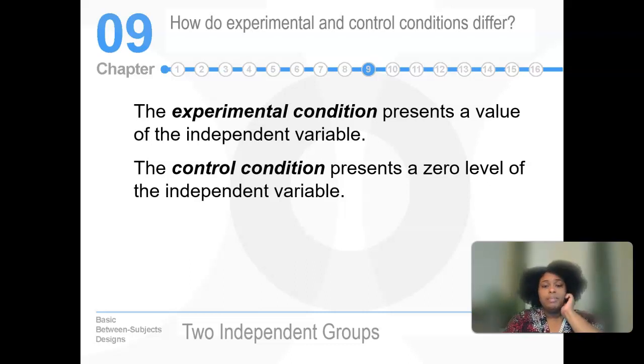I want you all to remember this as you're setting up your experiment, because you have to be able to identify what those treatment conditions look like in the methodology section. What are you going to apply in the experimental condition that is not going to be applied in the comparison group, which is the control group, as it pertains to its effectiveness on the DV?